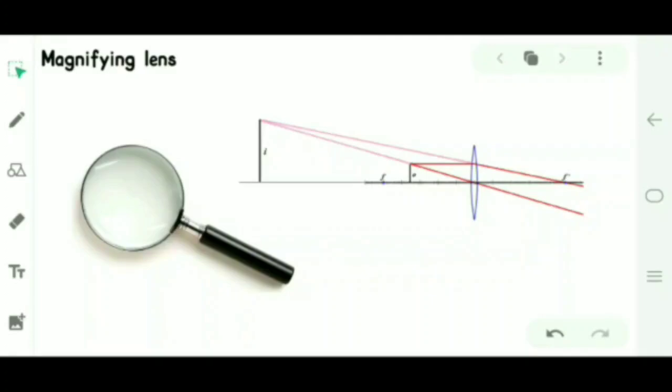So, when any object is placed between these 2 points, focus and optical center, the light rays actually diverge. You can see the red lines. Yes, these red lines actually diverge, and we already know that a real image cannot be formed by diverging rays. So, these rays we take virtually in front of the lens. You can see the small eye here.